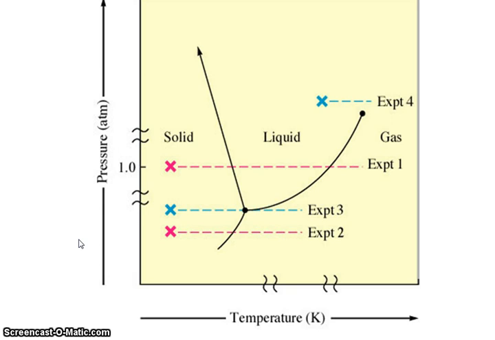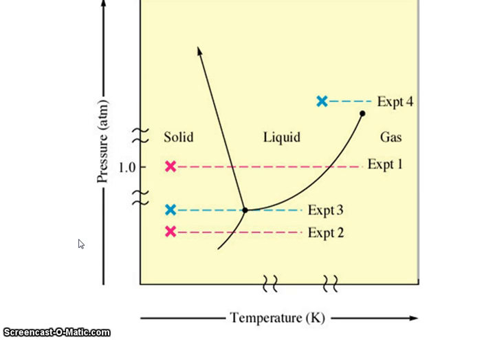Now let's look at experiment 4. Experiment 4 is a little bit different. We're at a much higher pressure, and we have our substance starting out as a liquid because of the high pressures. Now we've got a couple of points that we need to define. One is called our critical temperature.